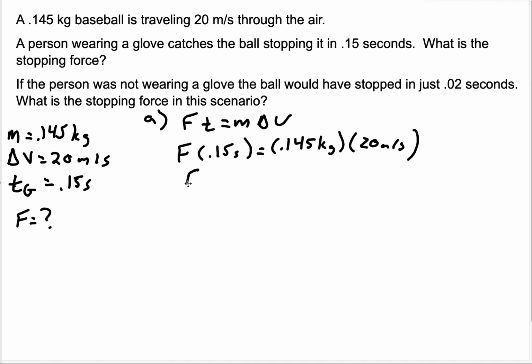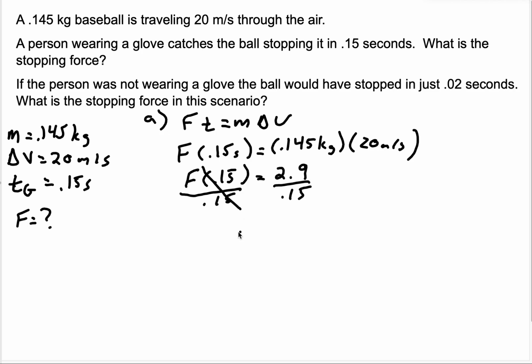Okay, so we can do the arithmetic part of this. F times 0.15 equals 20 times 0.145. I think that will be 2.9. Can someone confirm that with me? Okay. And then I have to get rid of the 0.15. So I'll divide both sides by 0.15.